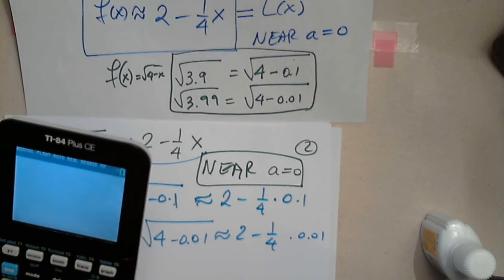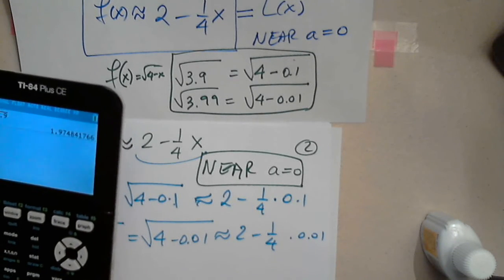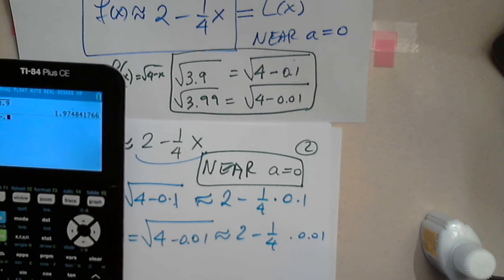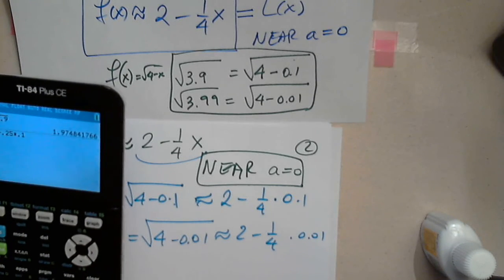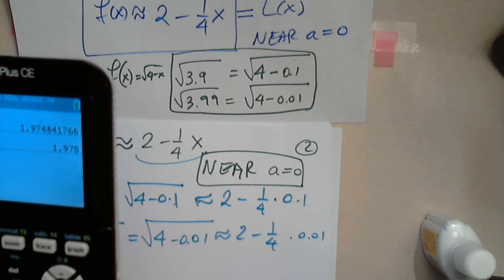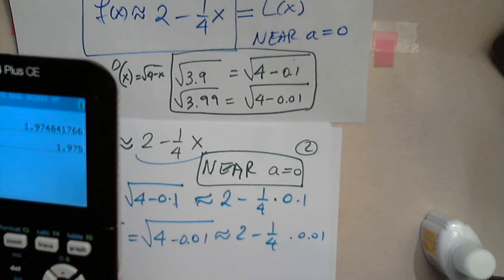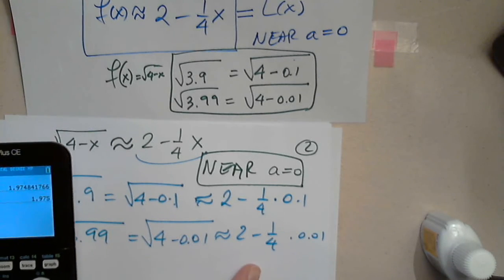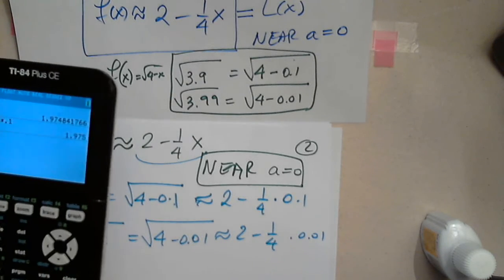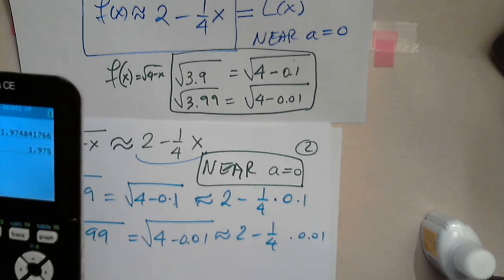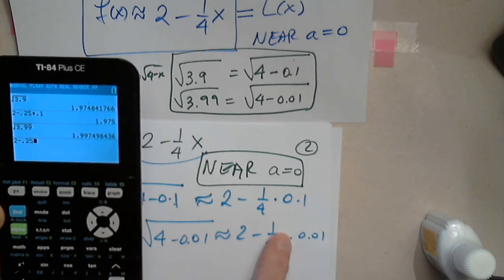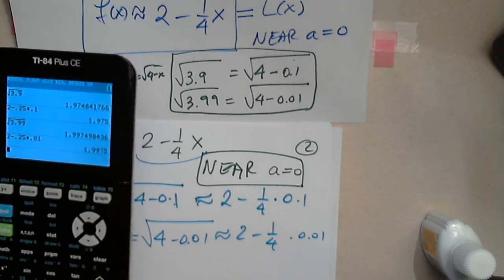So the square root of 3.9 is 2 minus 0.25 times 0.1. Is that clear? Yes, it is. So the same thing here. Very, very interesting question. Thank you for this. So 3.99, and this is 2 minus 0.25, I just, instead of writing a fraction, times 0.01.